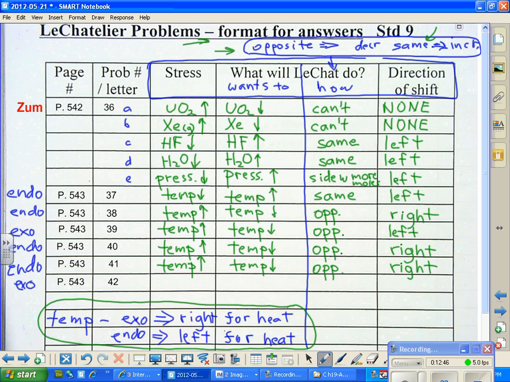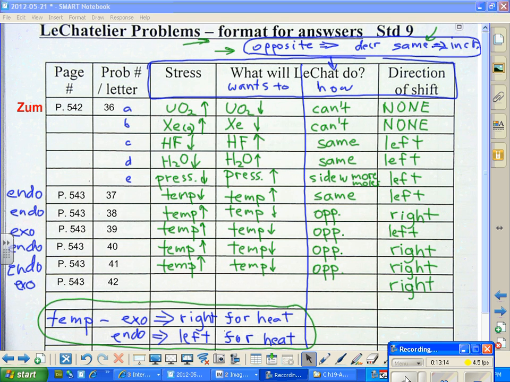So they're asking, should we perform this in a high temperature environment or a low temperature environment? So you can see that heat and ammonia are both on the right side. So we want to do something that will cause Le Chatelier to think he has to make more heat. And more heat is on the right. So that's the shift that we're going to want to have.